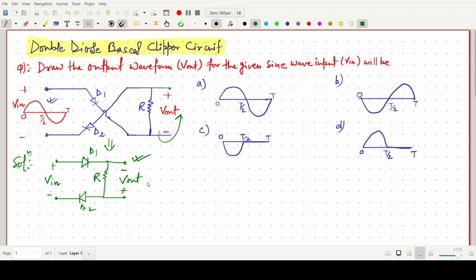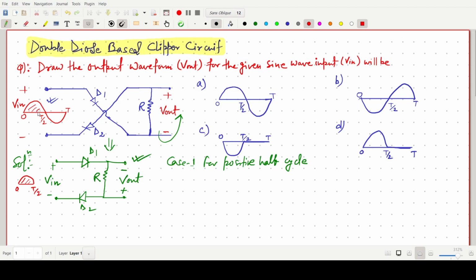Now it is a very simple question. For the positive half cycle, one can write case 1 for positive half cycle, when we are giving this input for 0 to T by 2.